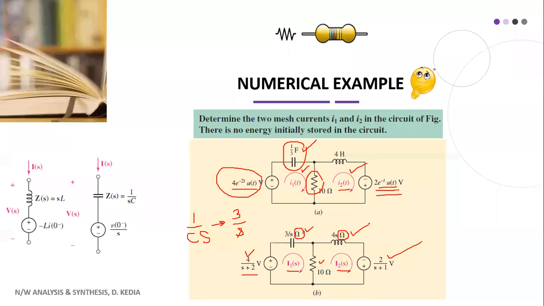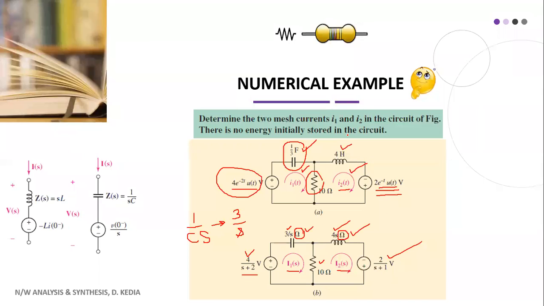Notice this thing, try to understand this thing. So after you have done that, this is nothing but equivalent to resistance. That's it. Okay. So this is 3 by S. Then this is the inductor, 4 Henry. This will become 4S. So the main objective of this circuit was just to give you an idea how to represent capacitor, inductor, voltage source, resistance.